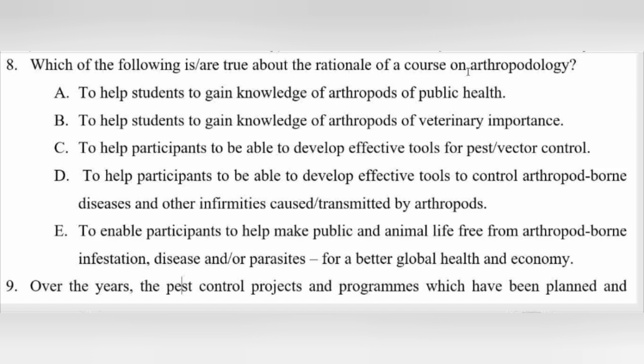D says to help participants be able to develop effective tools to control arthropod-borne diseases and other infirmities caused or transmitted by arthropods. E says to enable participants to make public and animal life free from arthropod-borne infestation, disease, or parasites for a better global health and economy. This one, we don't have any option that is all of the above.